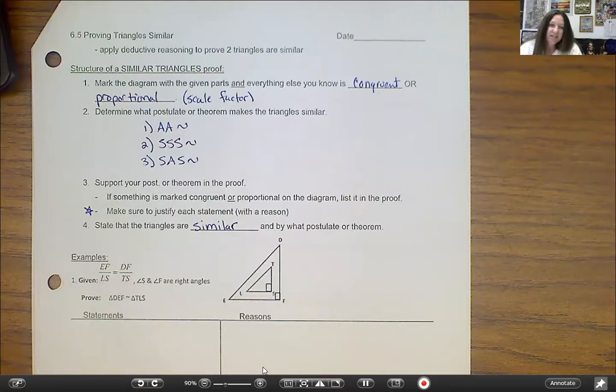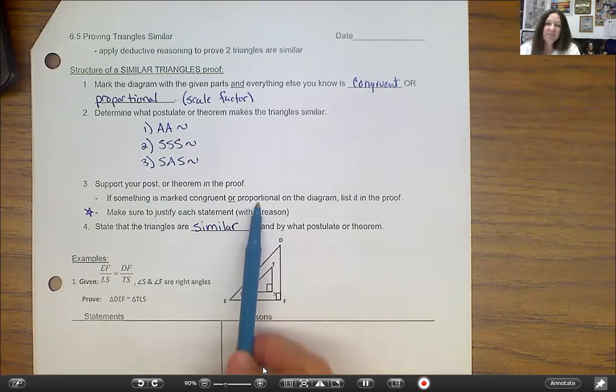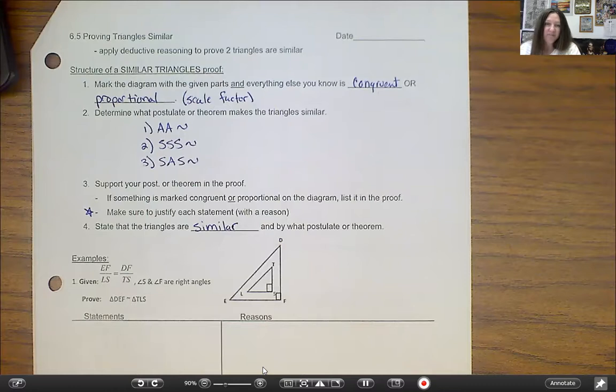So we are going to make sure that we are listing any of the marked congruent or proportional corresponding parts on our diagram, and then justify that by giving each of those steps a reason. If we are writing a similarity proof, we're going to have a similarity statement that ends the proof, along with which case applies.